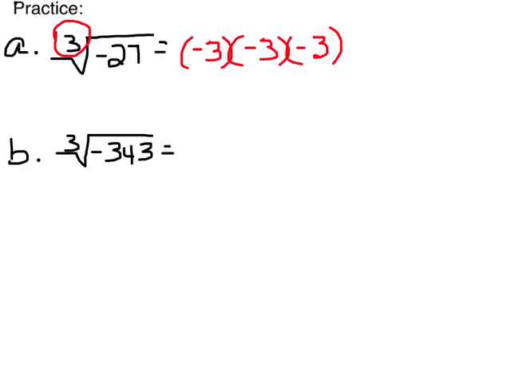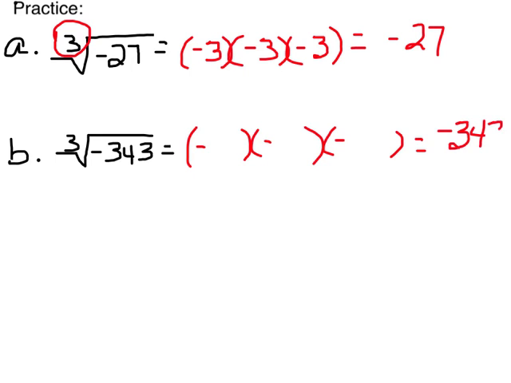Alright, the cubed root of negative 343. You may have to try a couple of times different numbers. We do know that it's going to be a negative something times negative something, which would be positive, then times another negative, which would equal negative 343.